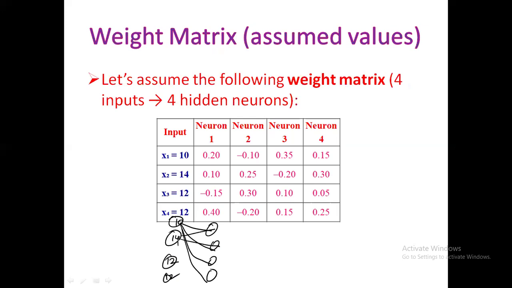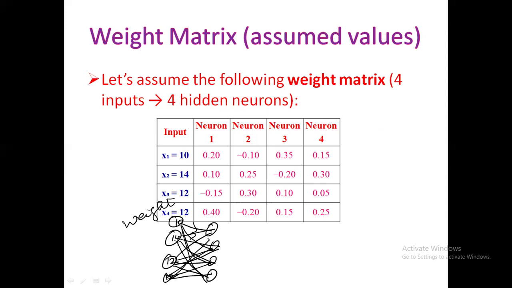You have to connect like this. All the input features will be connected with all the neurons, so that is why we are calling it the fully connected layer. It will be connected like this. And each connection is associated with what? The weight value. Each connection is associated with a weight value.